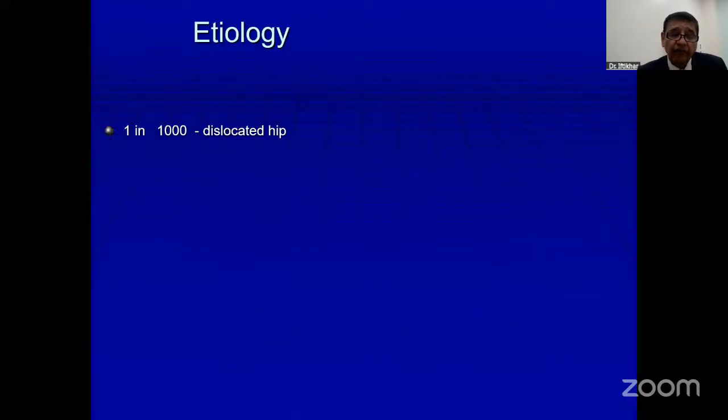Now, how often do you see these kinds of children in your practice? Well, the incidence is almost 1 in 1,000. That means one dislocation of the hip you may see in 1,000 children, whereas dysplasia you will see in 10 in 1,000. So it's much more common in your practice.